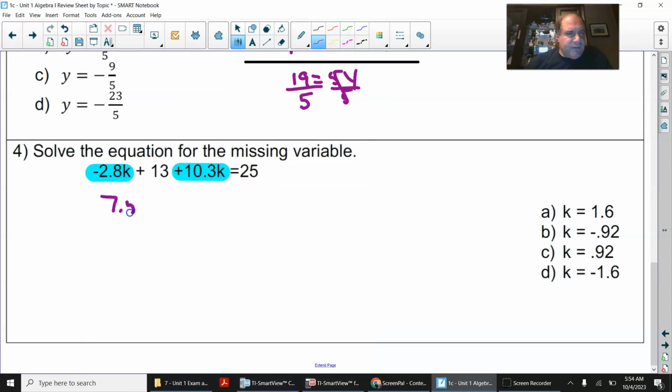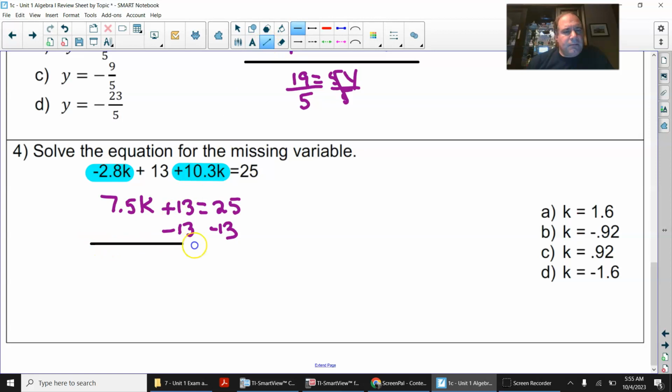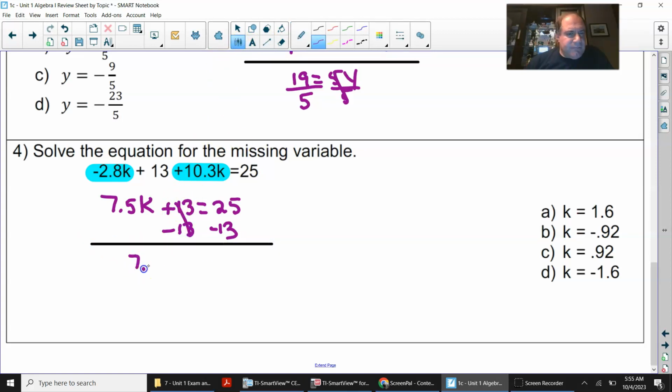So you have 7.5k plus 13 equals 25. Subtract 13 on both sides. This cancels. You have 7.5k equals 12.